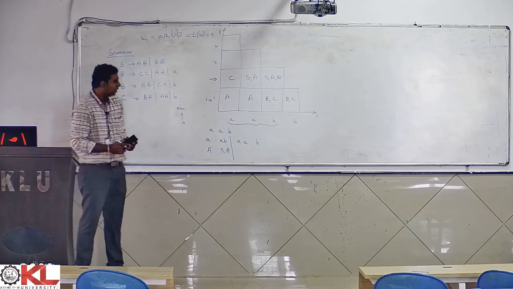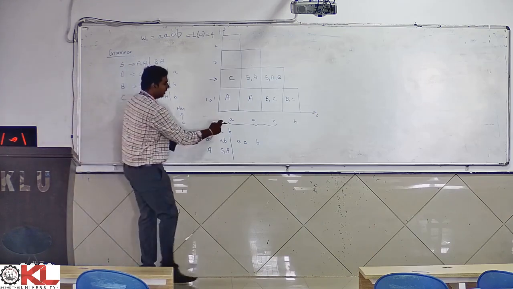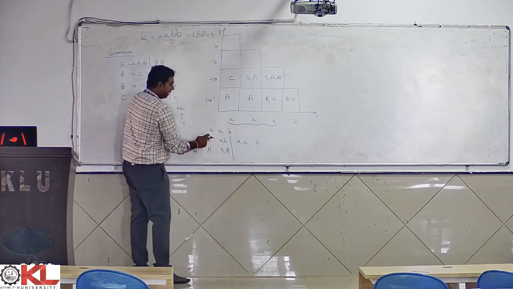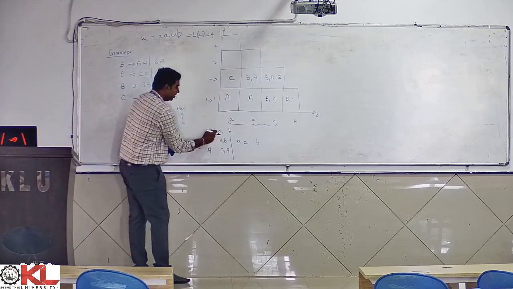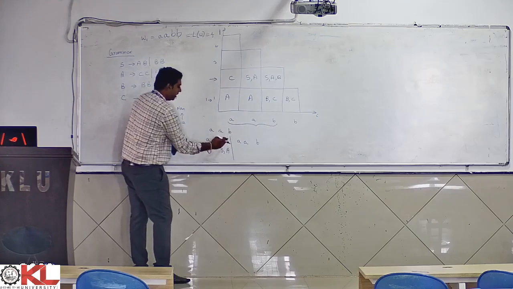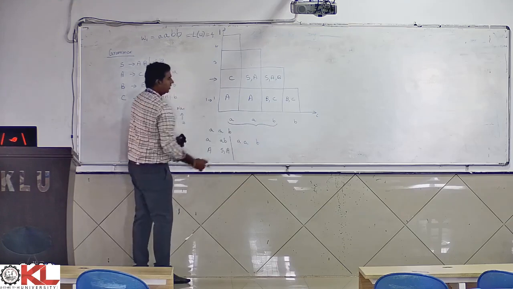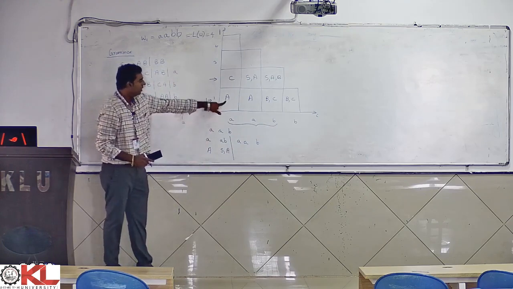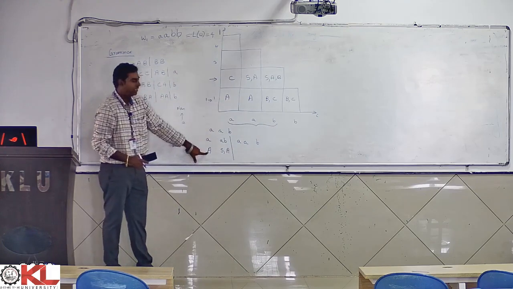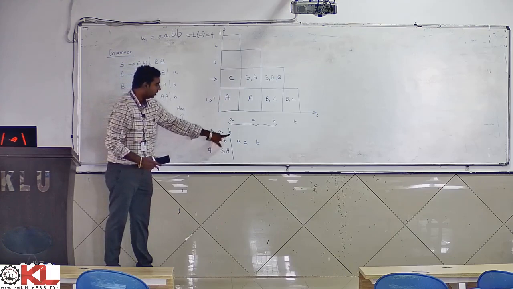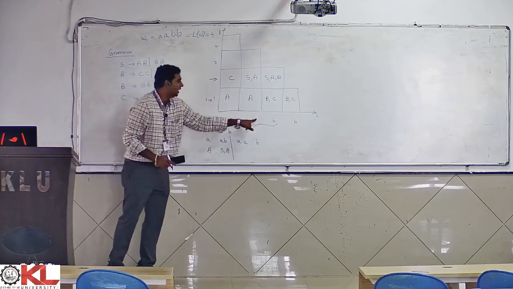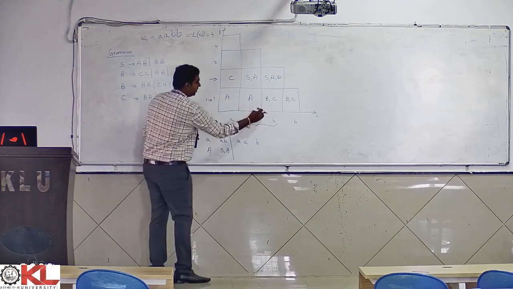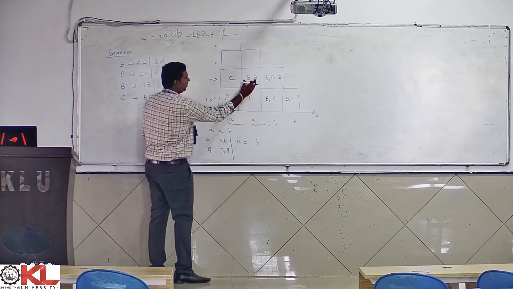Once again I repeat. I am combining these three cells. I am writing for different combinations: A and AB, or otherwise AA and B. When I take the individual A, it belongs to the non-terminal A. I am writing here. When I am connecting the next two cells, AB, while we merged these two cells, it is mapped to this one.